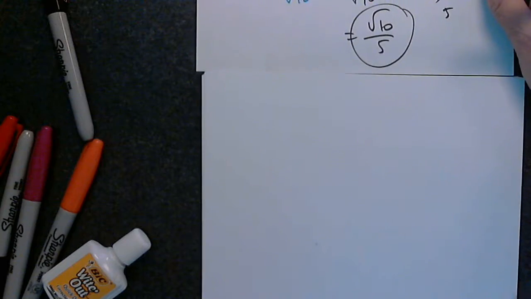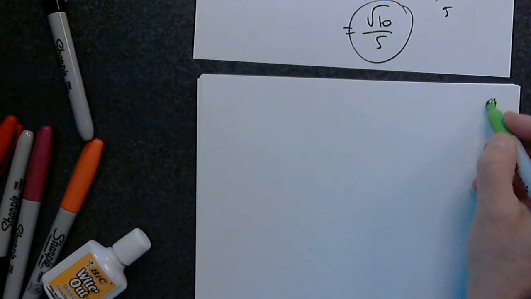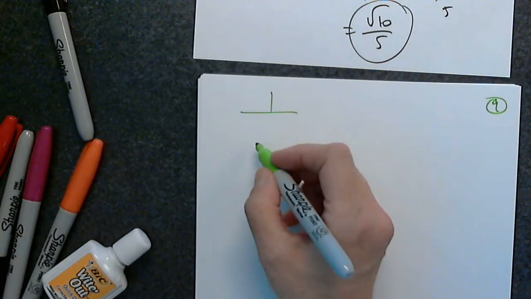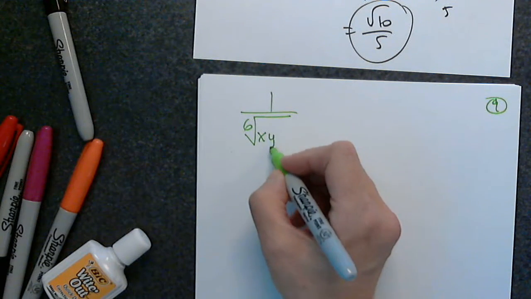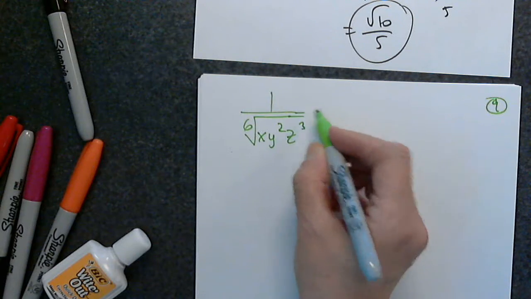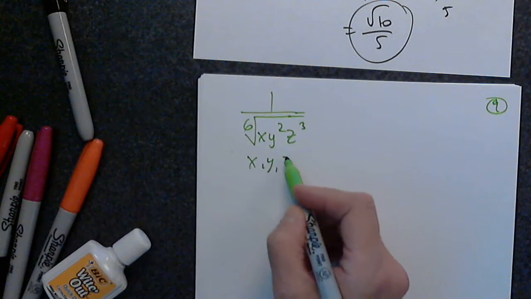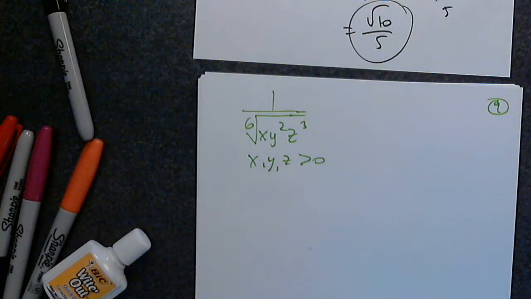The second one is a different story. So let's look at 1 over the 6th root of x y squared z to the 3rd. Assuming that x, y, and z are positive numbers. Don't worry now because it's the 6th index. The answer should have absolute value, but there is no need because we assume everything is positive.